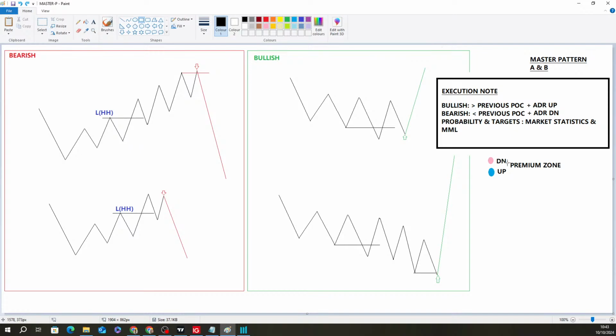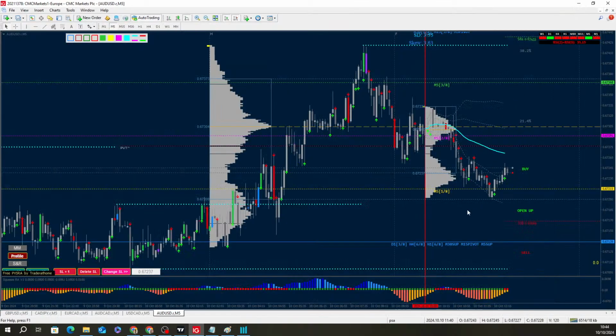Okay, that way we can trade the master pattern correctly. That is high probability, but this is not a high probability. We only have 50% of the criteria, the point of control, but the ADR, you can see we are still above the open, so that's not good.